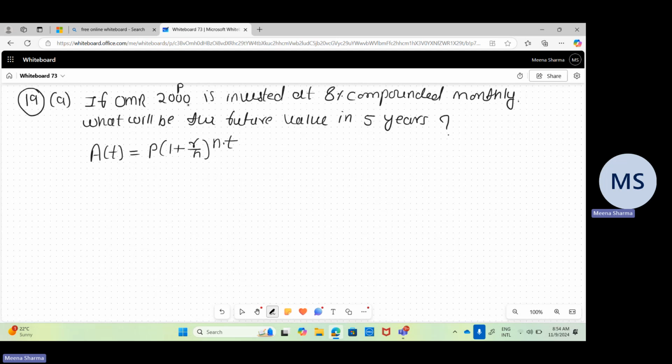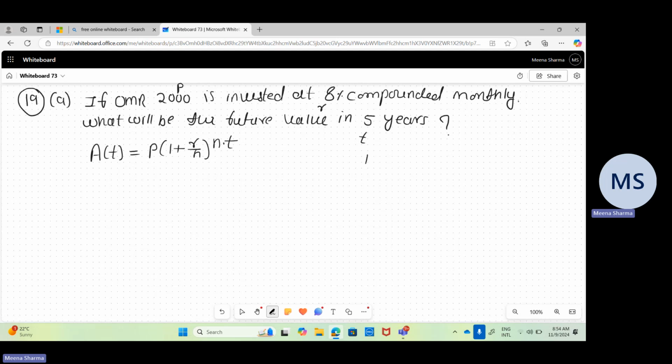The compounded amount you are finding here. The rate of interest is R, here 8%, and the time given is 5 years. We will take these quantities and write them here.